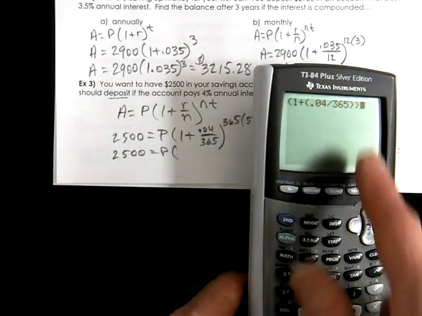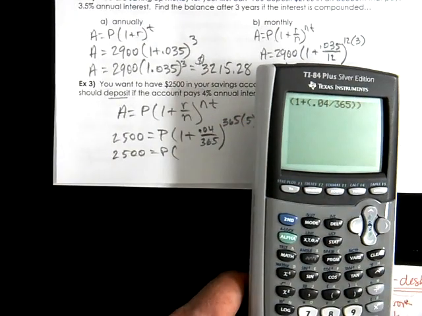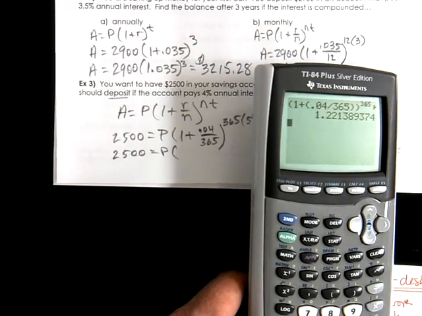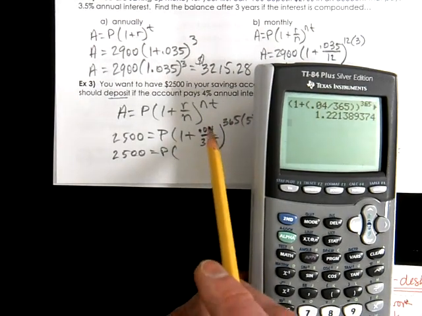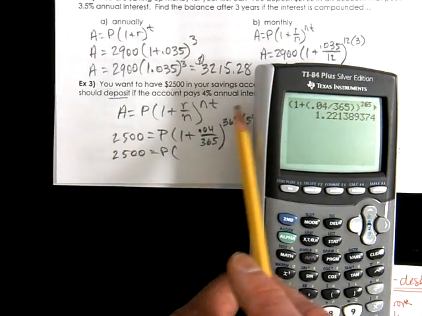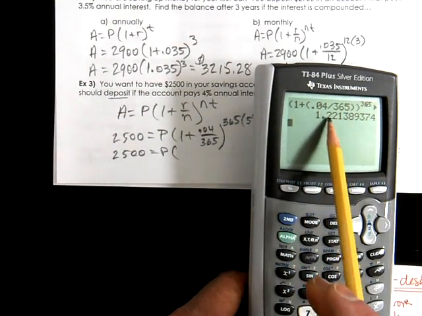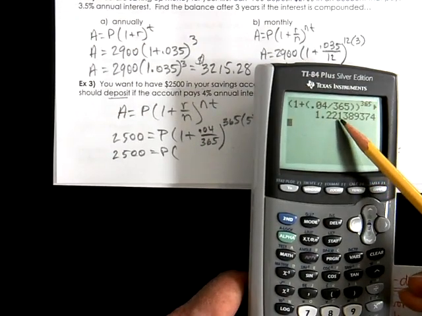But we close that parenthesis off, and now we raise it to the power of 365 times 5. We could write down all the details. We could figure out what this is and add it to the 1 and figure out what that is. We really don't need to, as long as we're being honest with ourselves.